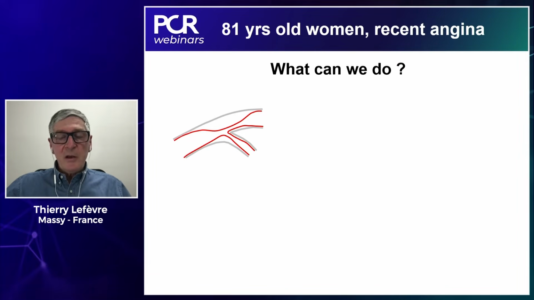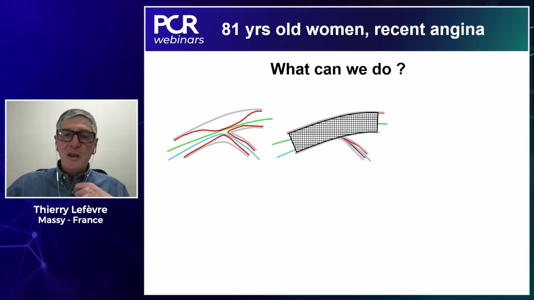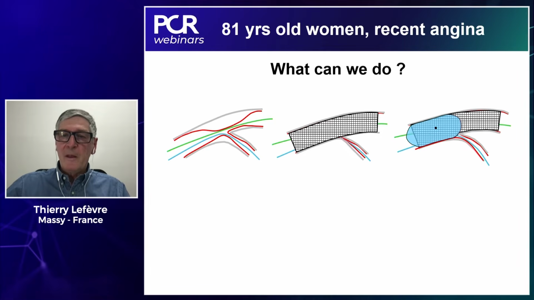So this is the case. We wired the circ because it was the most difficult one, the LAD. Then we stented from left main to LAD, but because the stent was too large, we pushed the carina and it's closed.